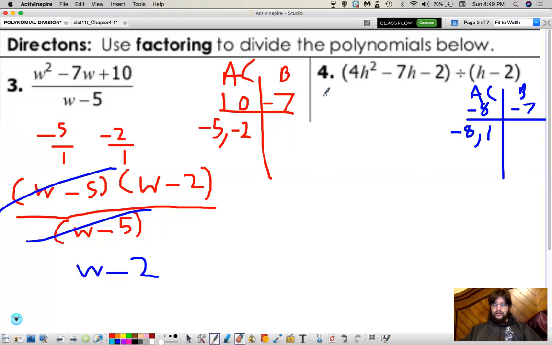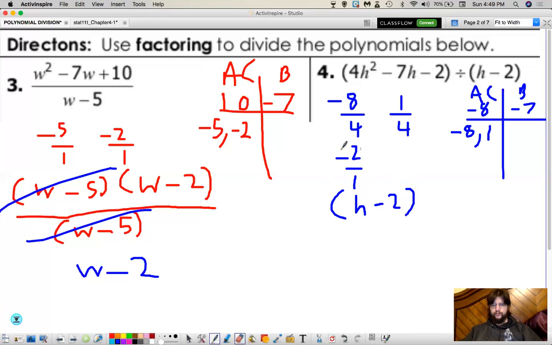Put your factors over A. And simplify. There's that negative 2. And so it doesn't simplify. So our factors for our numerator are 1, and our variable here is h. So h minus 2 right here. And then 4h plus the 1.